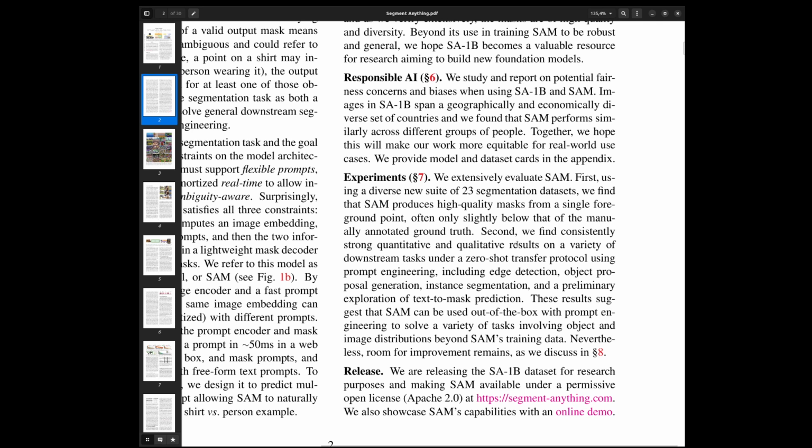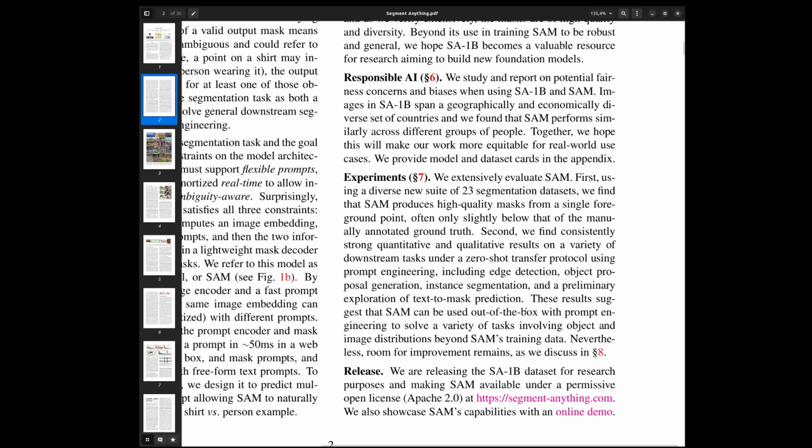Second, we find consistently strong quantitative and qualitative results on a variety of downstream tasks under a zero-shot transfer protocol using prompt engineering, including edge detection, object proposal generation, instance segmentation, and preliminary exploration of text to mask prediction. Here we go. So yeah, preliminary.